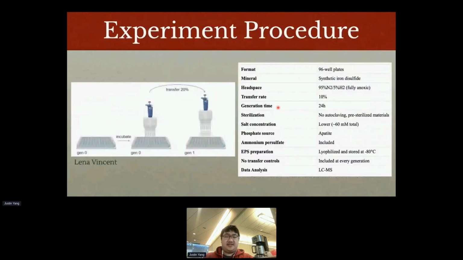This basic framework leads to the experimental procedure, for which we have a well plate consisting of 96 wells, with 24 wells used for the controls, which are just fresh soup made and produced every single time, while another 24 have this transfer history, where we have the soup chemical mixture, let it incubate, and then take 20% of that and transfer it to the next generation, letting that cycle of a generation go on for 70 generations before ultimately analyzing using LC-MS.